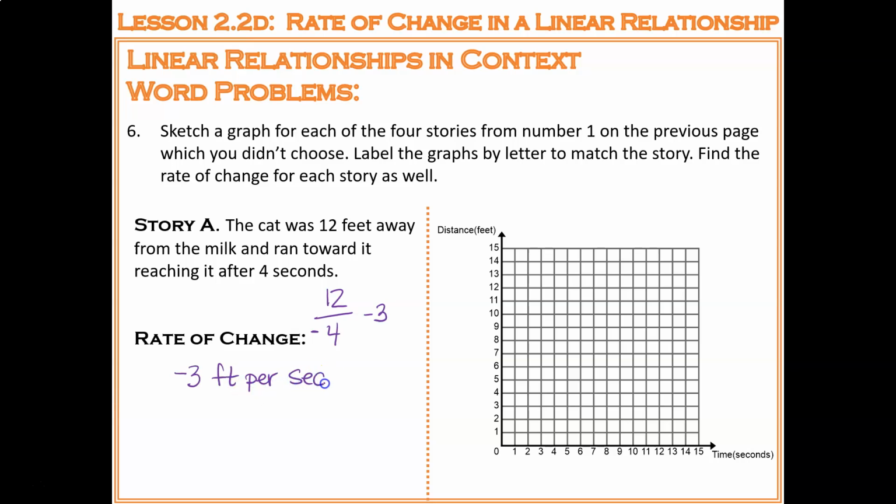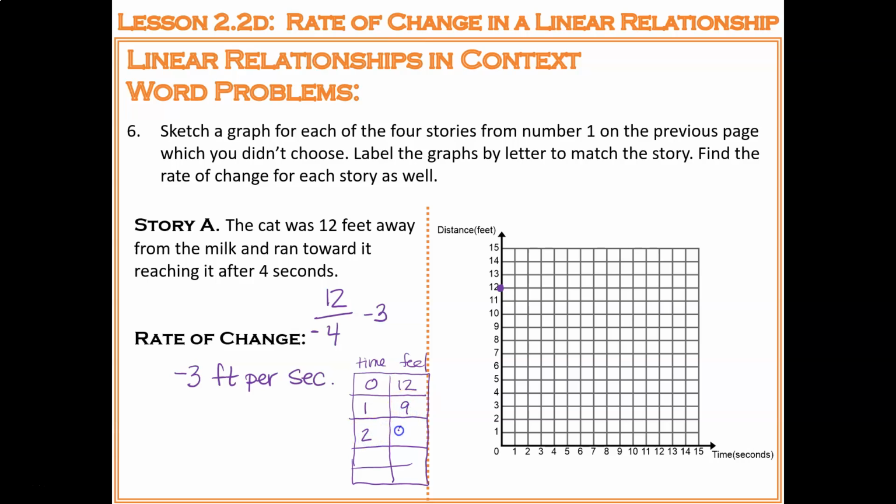And you'll see that on the graph in just a second. So we're starting at 12. It's 12 feet away. Okay. So there's not a whole lot of room here, so let's just make a little mini table. And this is time, and this is feet. So we're starting at 12 and 0. So after 1, if you subtract 3, it's going to be at 9.